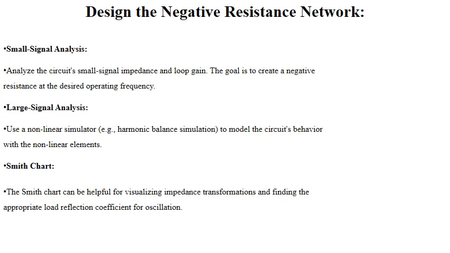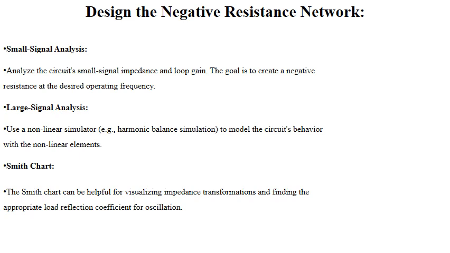So now time comes for designing the negative resistance network. Analyze the circuit's small signal impedance and loop gain. The goal is to create a negative resistance at the desired operating frequency.